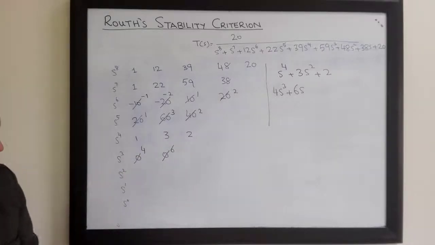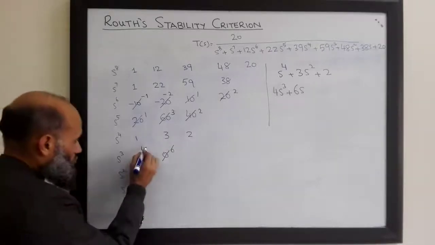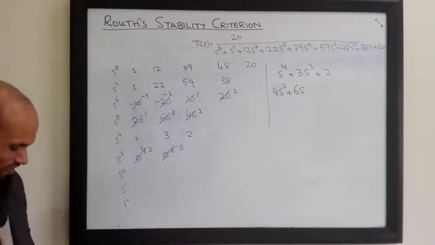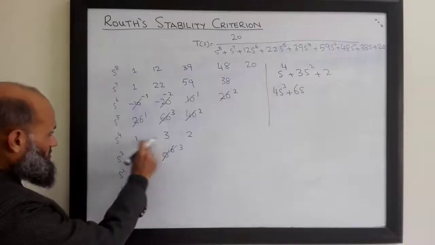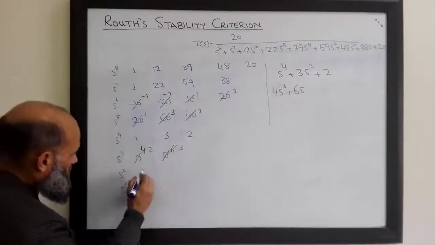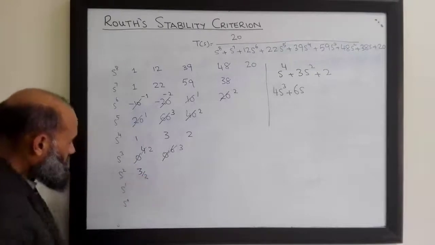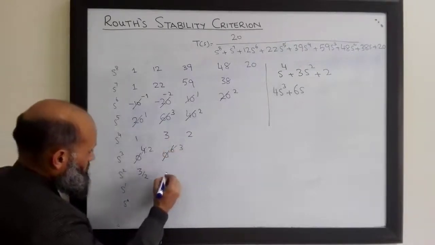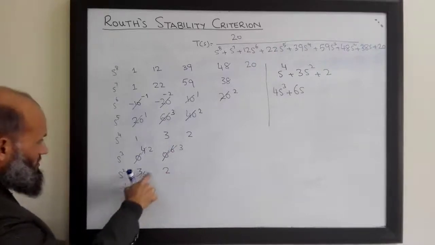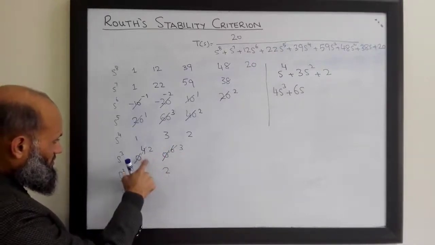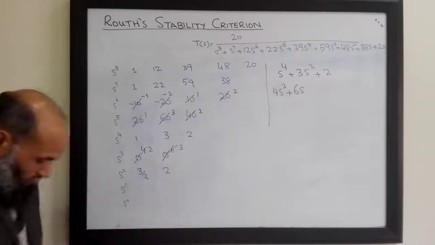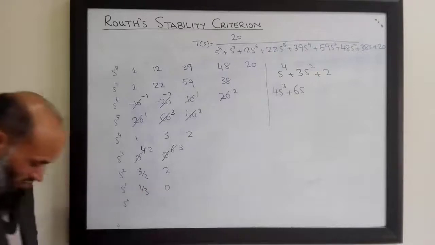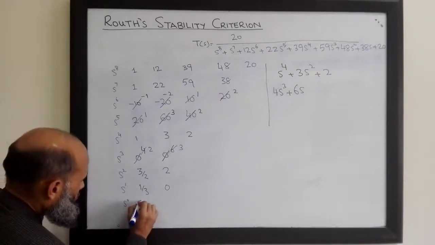If you wish, you can divide this row by 2 to get smaller numbers, so that these are easier to handle. Next, we get 6 minus 3 is 3, 3 divided by 2, 3 divided by 2, and then 4 by 2 is 2. Here we get this multiplied by this minus 4, so we have 1 by 3 over here and 0 over here, and then finally 2 over here.